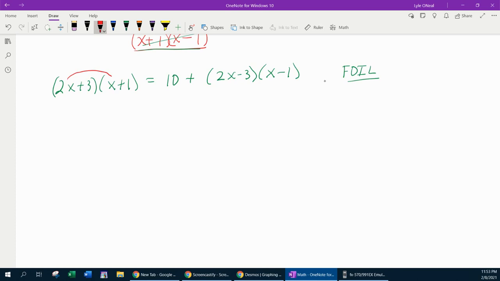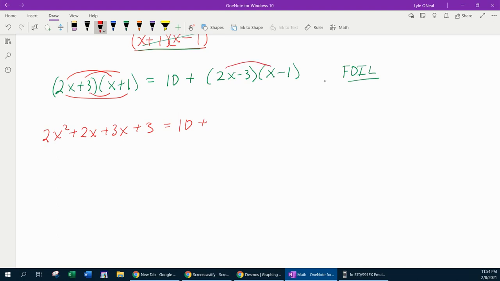2x times x gives me 2x squared. On the outside, I've got a plus 2x. On the inside, I've got a plus 3x. Last but not least, I've got a plus 3. And then I would need to combine like terms. But on the other side, let's go ahead and FOIL it again, bringing the 10 down.